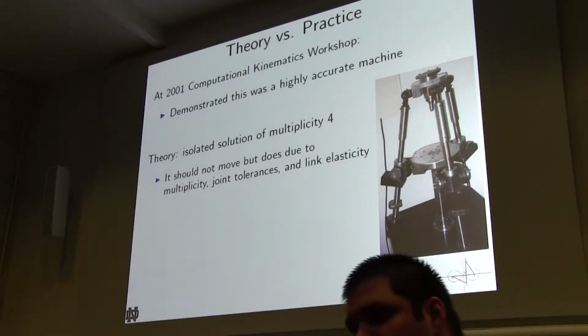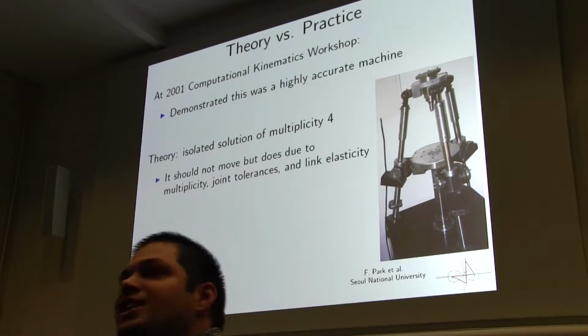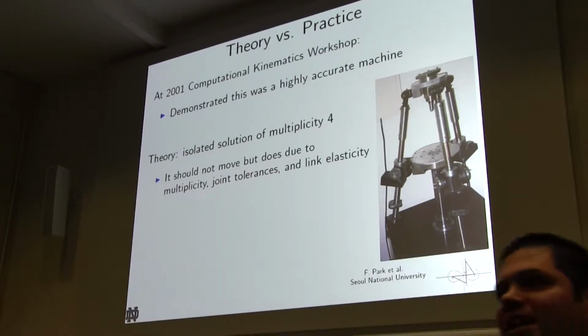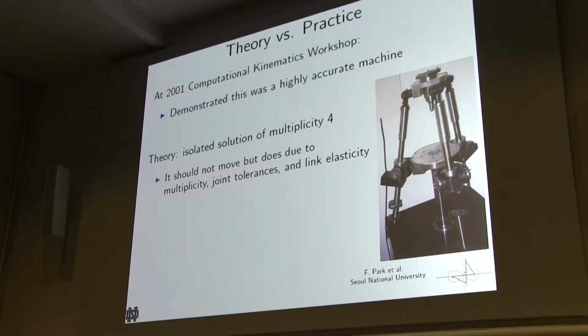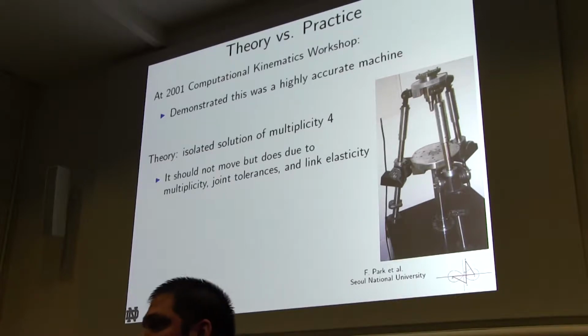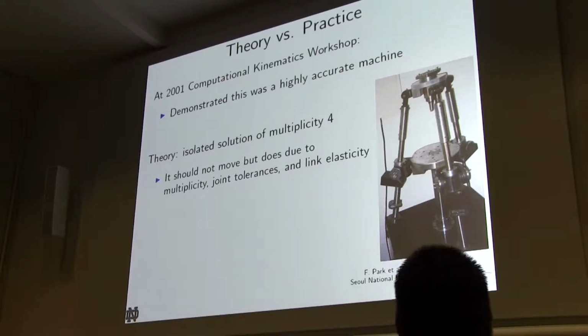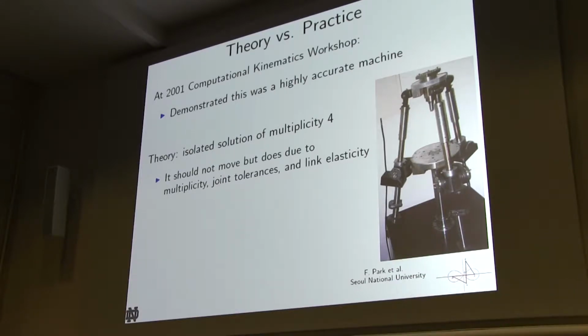When you go to the theory, it says it's isolated of multiplicity 4. It should not move, but it does. And the reason is, well, things behave. Well, high multiplicity, joint tolerances, so things aren't exactly rigid, they're approximately rigid, and then you have a little bit of link elasticity in your mechanisms.